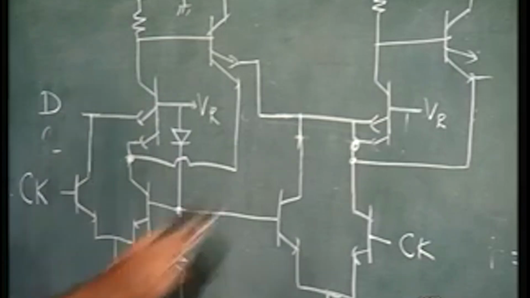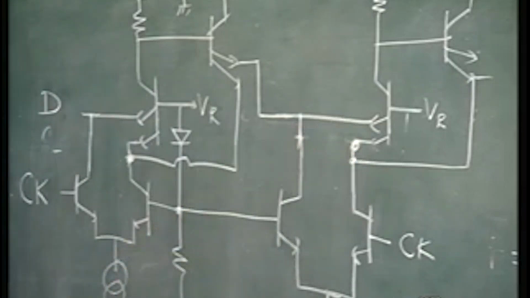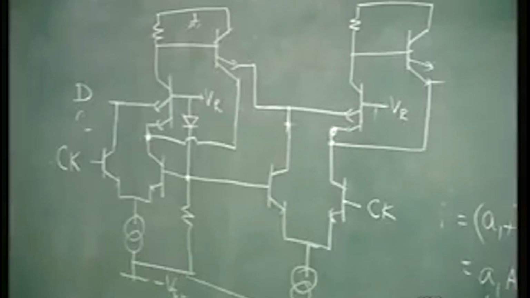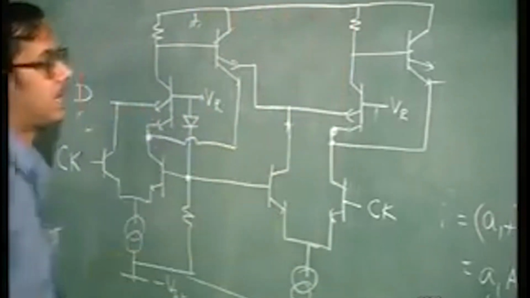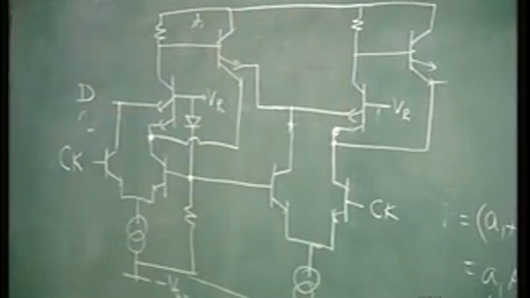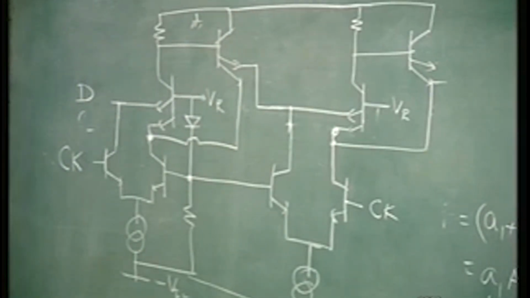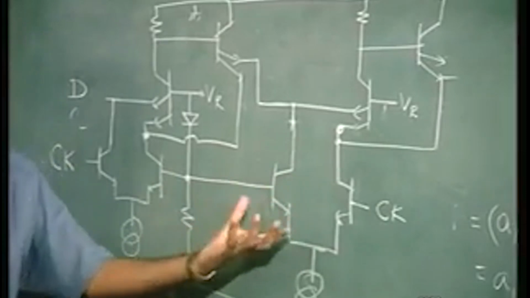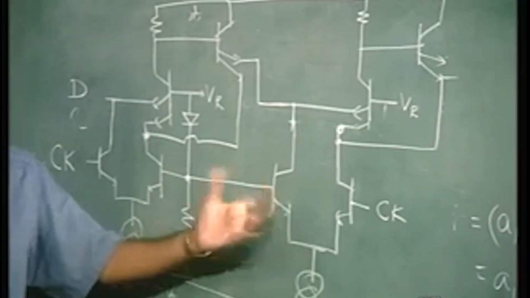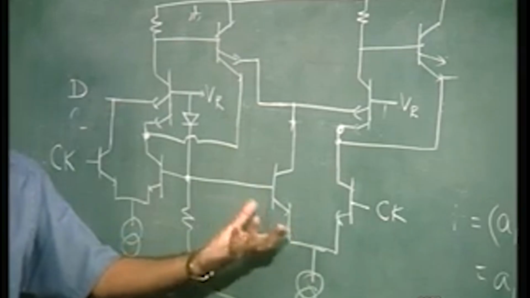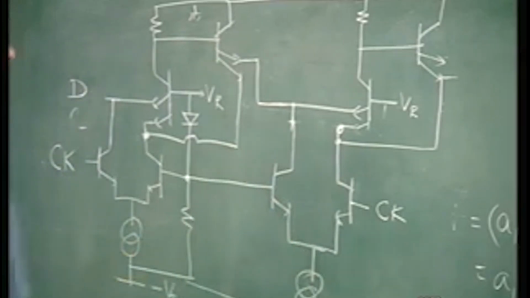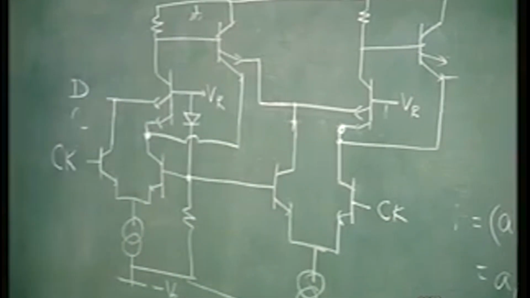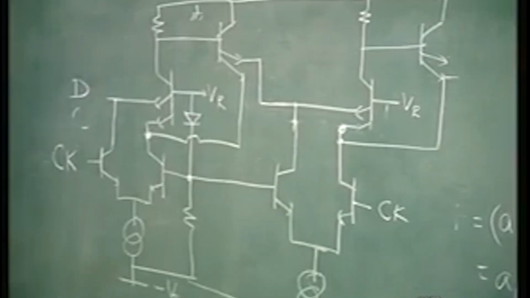This completes the circuit for a master slave D flip flop. You have two stages, and the difference between the two stages is that only in the second stage the position of the clock and the reference voltage is reversed. So, this is the circuit of a master slave D flip flop.